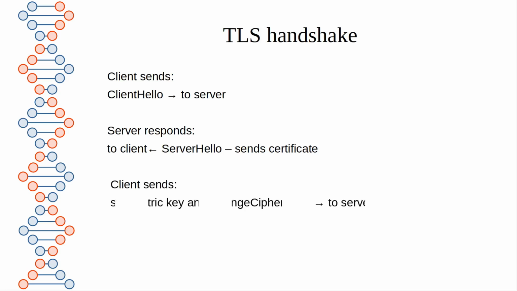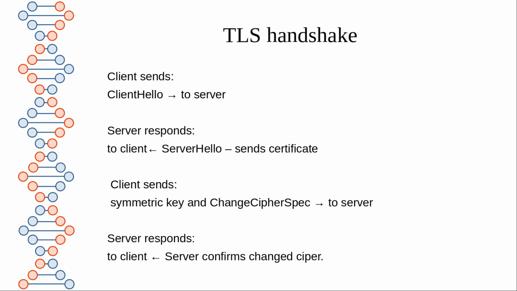The client sends a symmetric key that it's generated and a change cipher spec request to the server. The server responds to the client confirming it's accepted the new symmetric key and that it's changed cipher. Then from this point on, the client and server use the symmetric key for all their traffic.